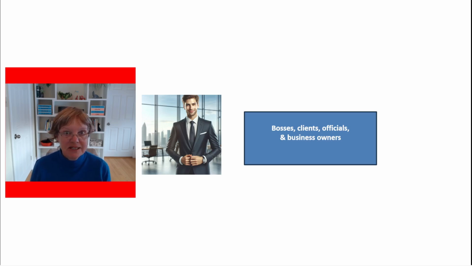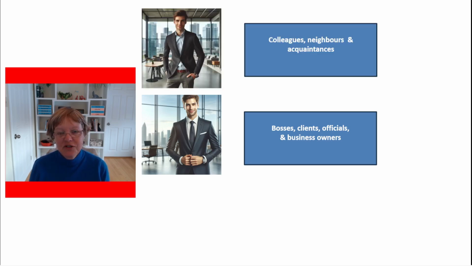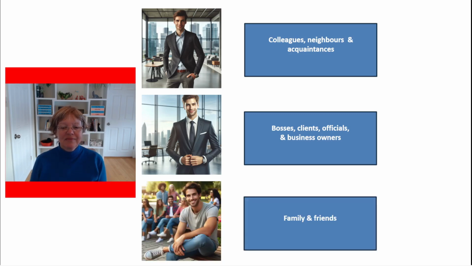Or you might be a business owner. We've also got a box for our colleagues, neighbours and acquaintances. These are people we don't know very well. We know their name, we might recognise them if we saw them on the street, but we don't know them really well. Whereas family and friends, those are all the people that we know really well.